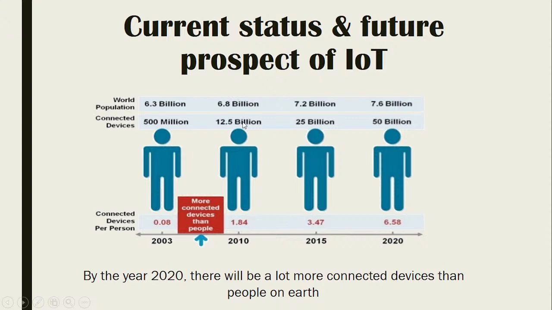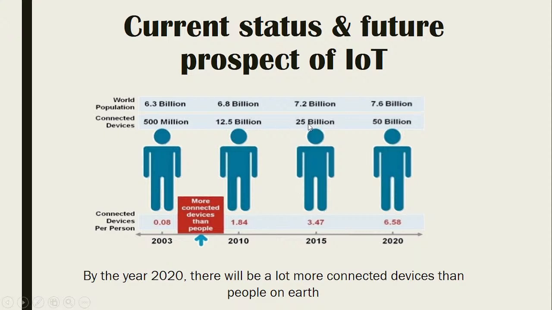So from this we know that even if all the people are using the internet, which is still not the case in the world, every person has to use 2 devices to meet this. 12.5 billion devices are connected, and then 25 billion devices are connected in just 5 years.